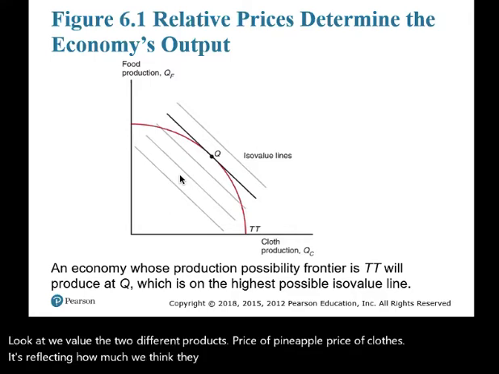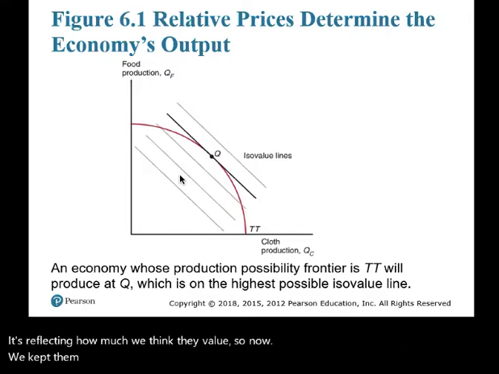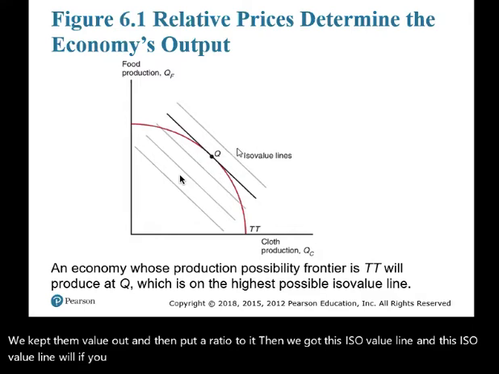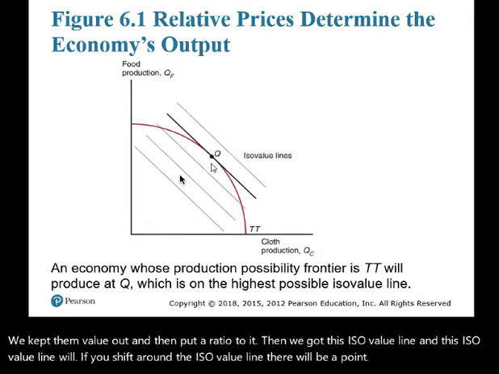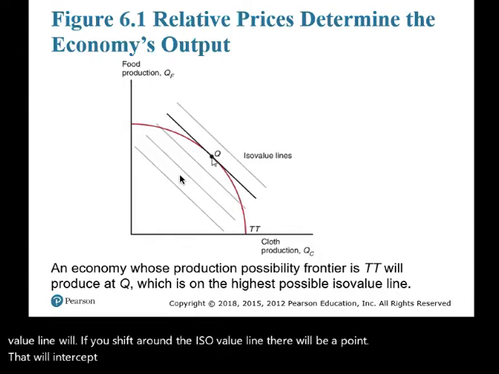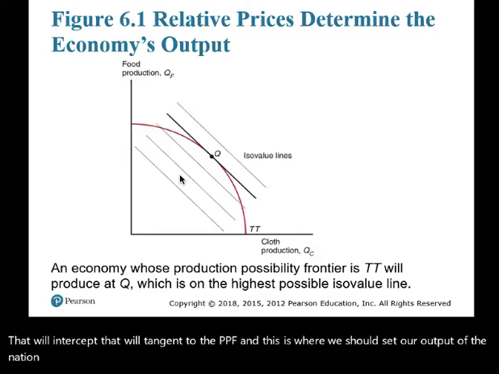So now we get the value out and put a ratio to it, and then we get this iso-value line. If you shift the iso-value line around, there will be a point where it is tangent to the PPF. And this is where we should set the nation's output to maximize the value of our production.